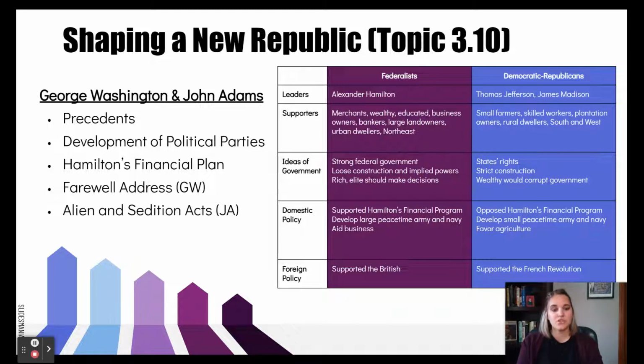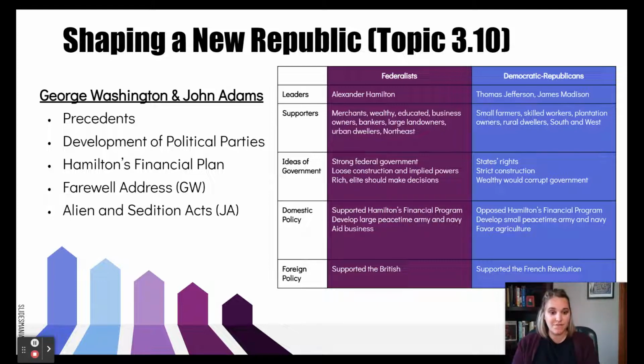Democratic Republicans, however, emphasized the role of rural Americans, the farmers, and strongly believed in a strict interpretation protecting states' rights. And so they come to odds with each other in Washington's presidency and then throughout the next few decades.